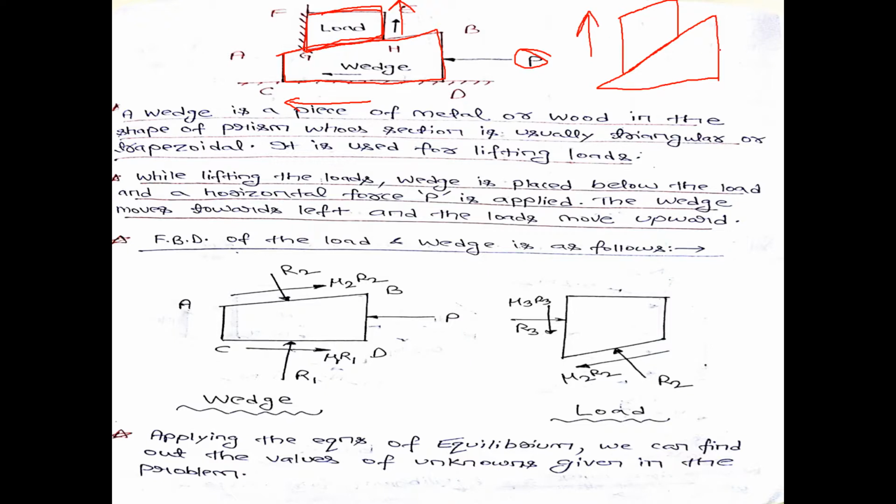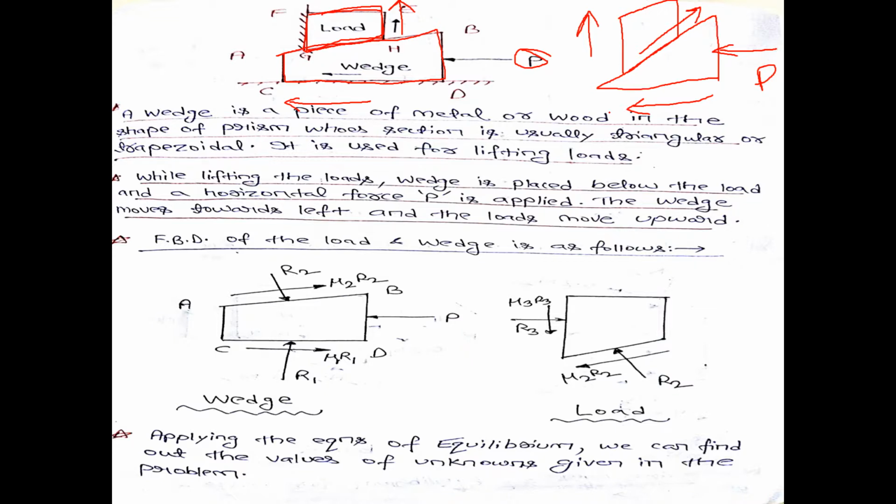If you apply a force in the horizontal direction to this wedge in the negative x direction, the wedge will move in this direction. Since the block is in contact with the wedge, the block will move along this direction, and overall the block will rise up.